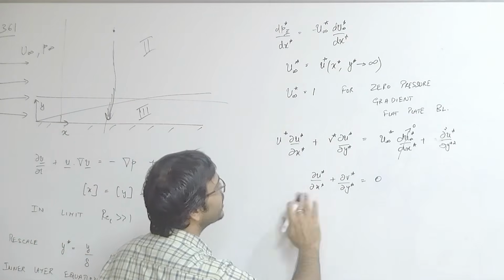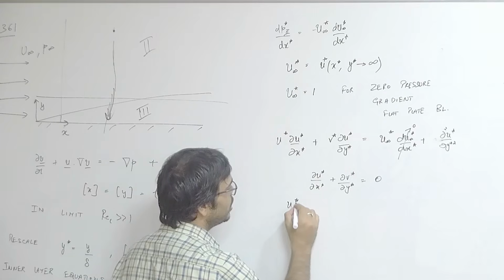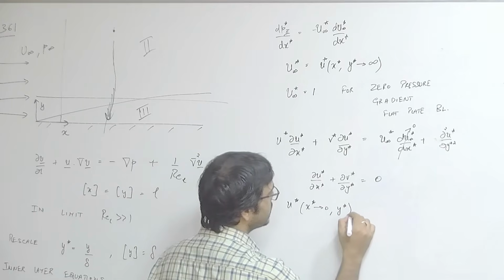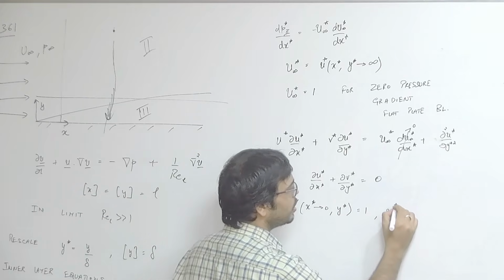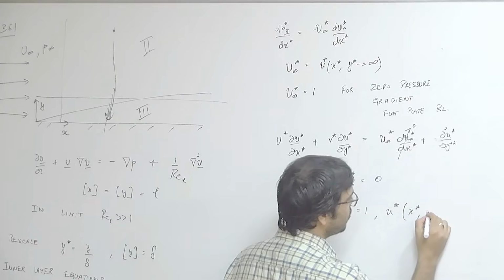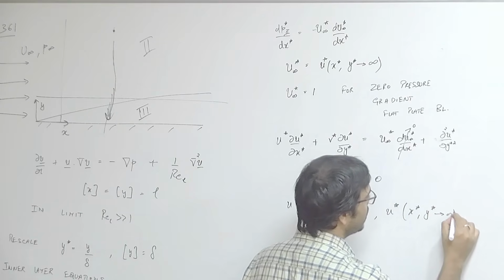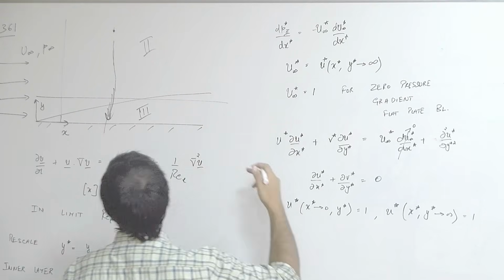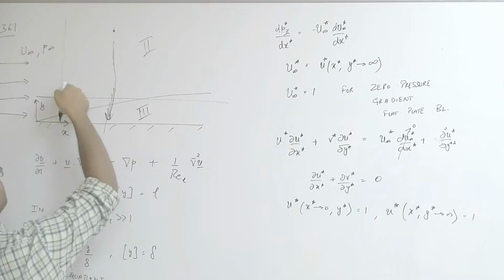What were the boundary conditions? The boundary conditions were u star for x star tending to 0, y star is 1, u star for x star, y star tending to infinity is 1. So, this is moving in this direction close to the leading edge.